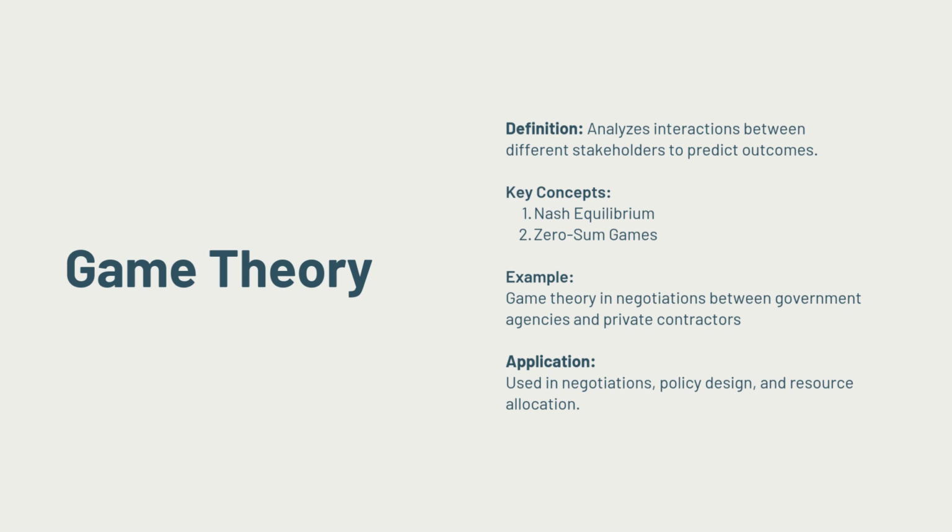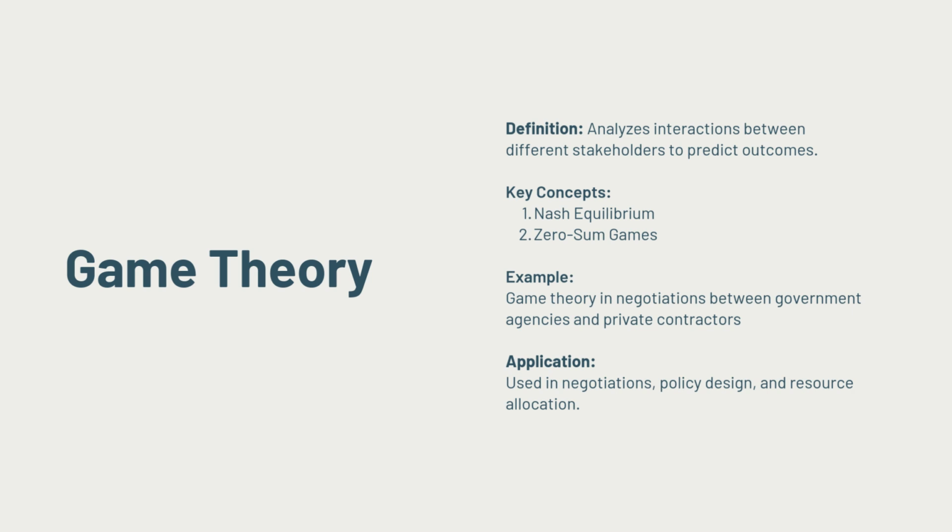For example, if the contractor is offered performance based incentives for early completion, this might encourage faster work, benefiting both the government and the contractor. Meanwhile, if the local community is involved early in the planning process, their concerns about disruptions can be addressed, reducing the likelihood of delays caused by community opposition.